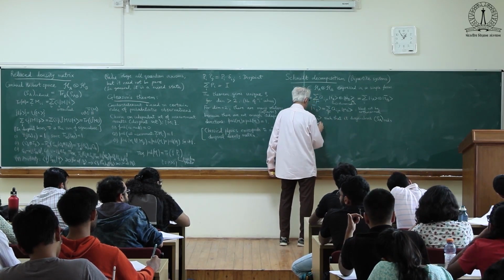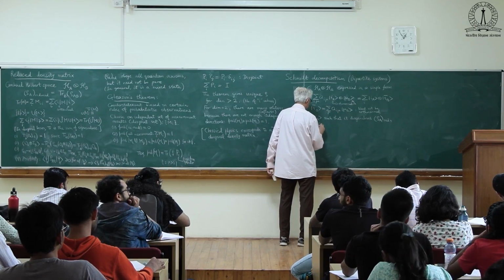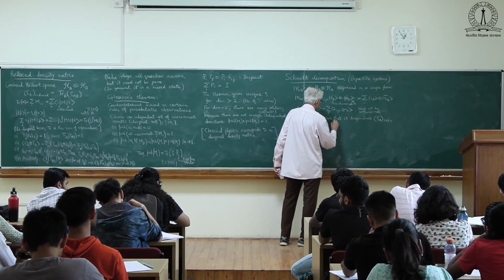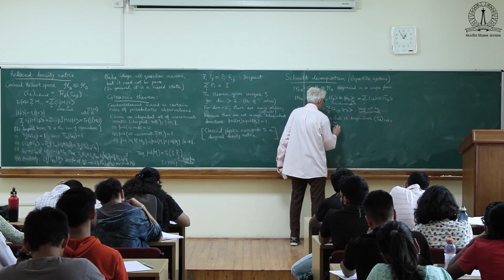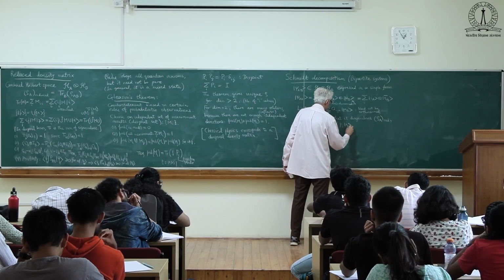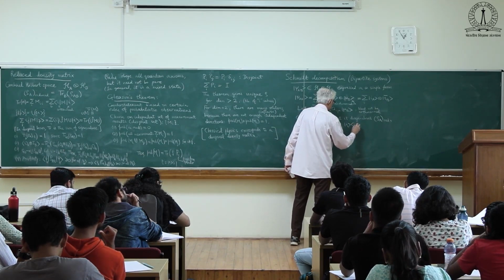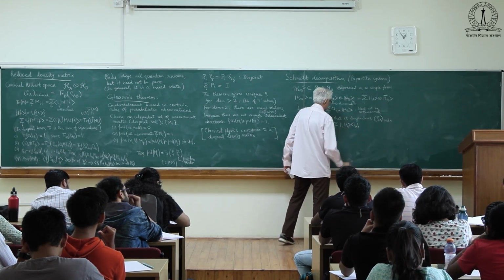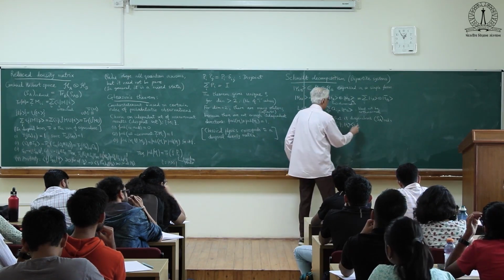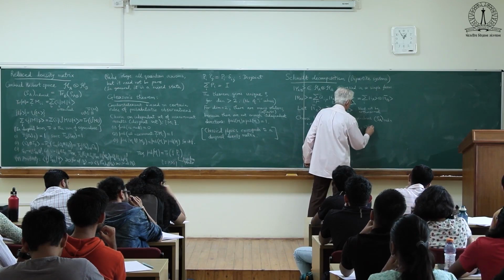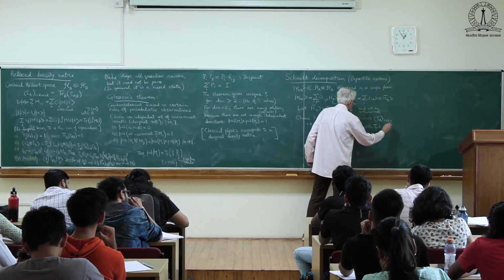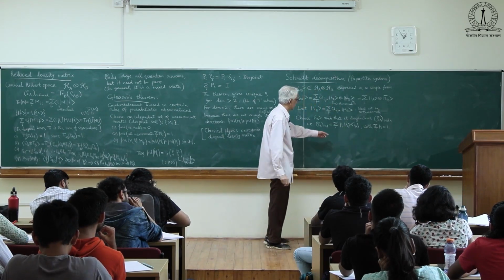So what does the diagonal matrix mean? That rho A reduced is equal to sum over the diagonal elements, and diagonal elements, whatever they are, they add up to 1.